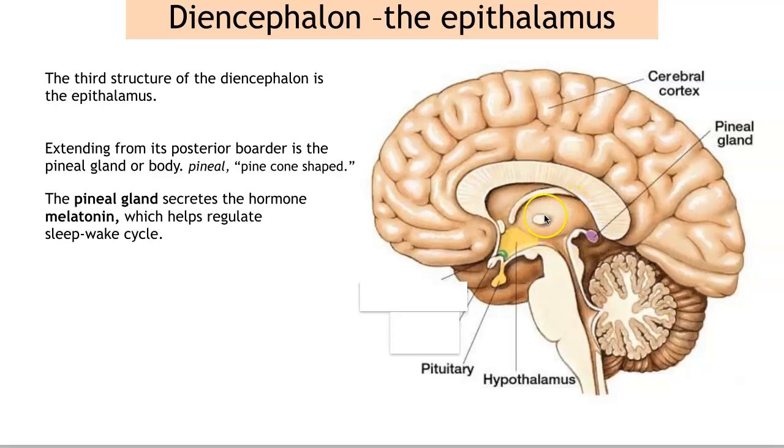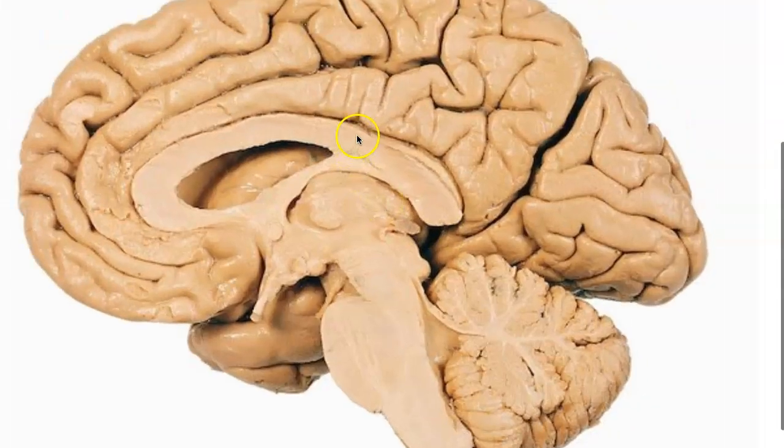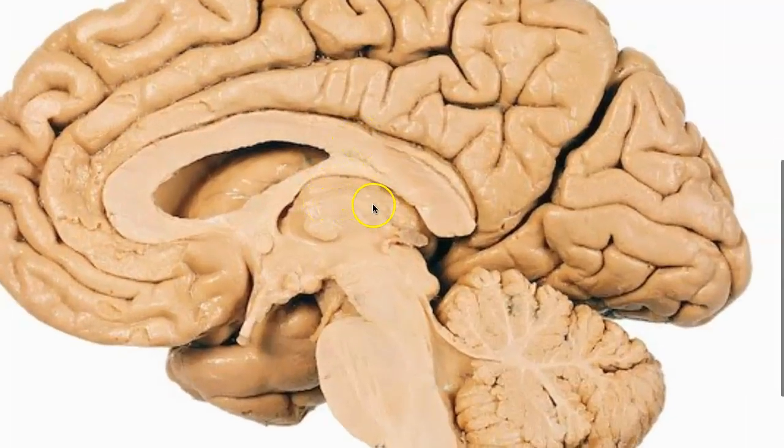Here is your thalamus, interthalamic adhesion, hypothalamus, infundibulum, which is controlling the pituitary gland. I wanted to show you this real brain. Here you can see the thalamus.